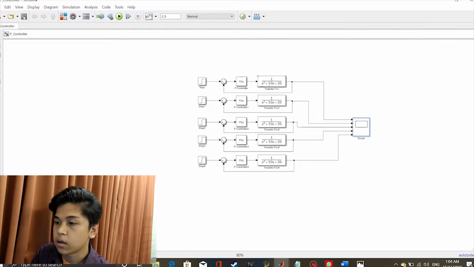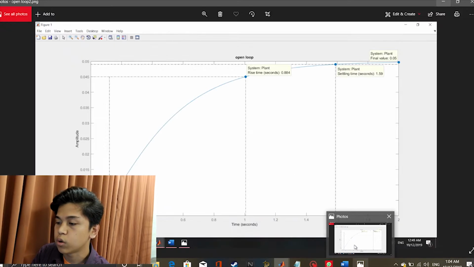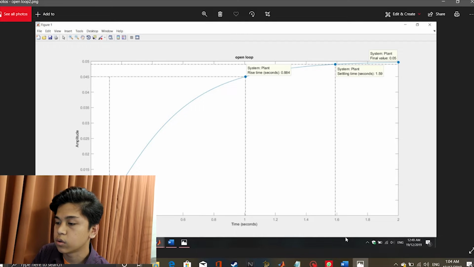The P controller is connected with the transfer function block, and then connected to the scope to get the output value. The output will show in the graph. So we're going to the closed loop, the open loop.